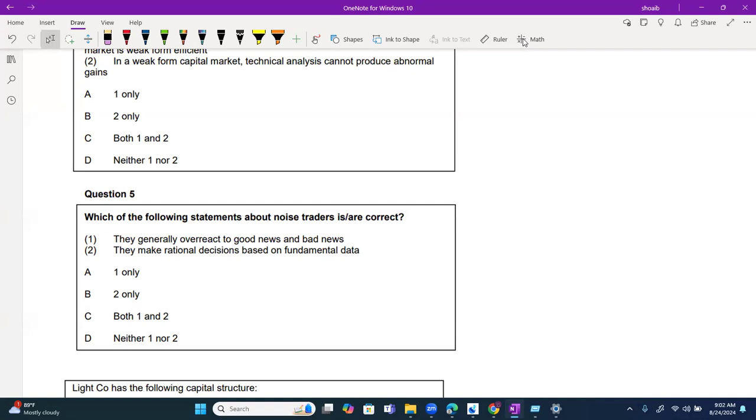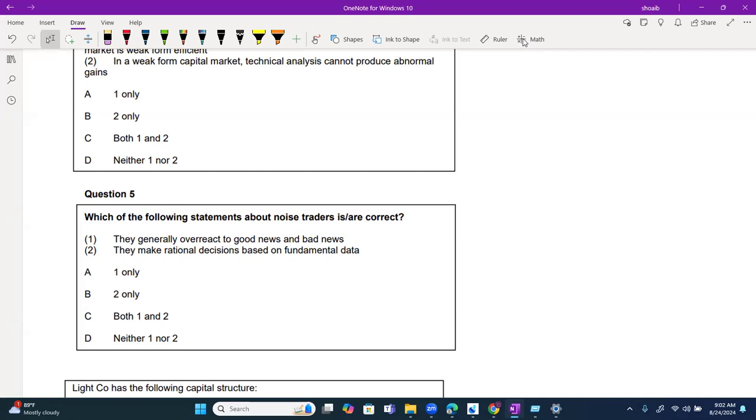Which of the following statements about noise traders are correct? Noise traders are those traders who are trading on the basis of past information, who are not basing their decision on fundamental basis. इधर से सुन लिया उधर से सुन लिया ट्रेडिंग करना शुरू कर दी.